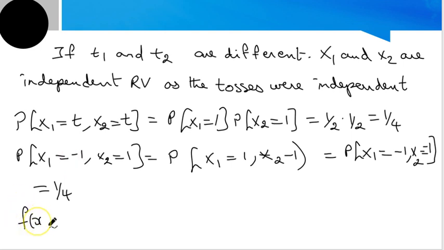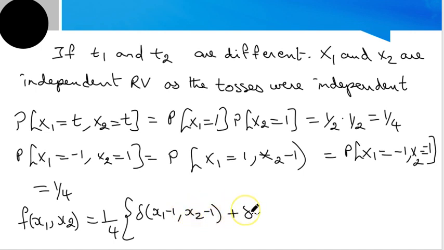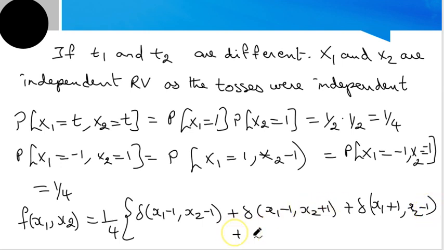Therefore my joint density function f of x1 comma x2 is now nothing but 1 by 4 taken common outside, into delta of x1 minus 1 comma x2 minus 1, plus delta of x1 minus 1 comma x2 plus 1, plus delta of x1 plus 1 comma x2 minus 1, plus delta of x1 plus 1 comma x2 plus 1.